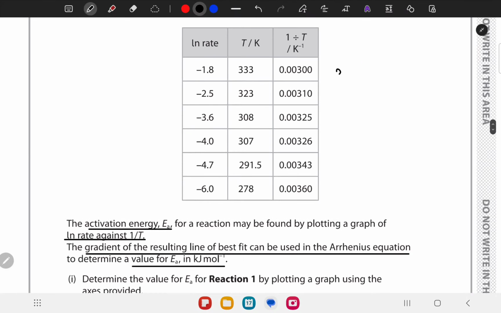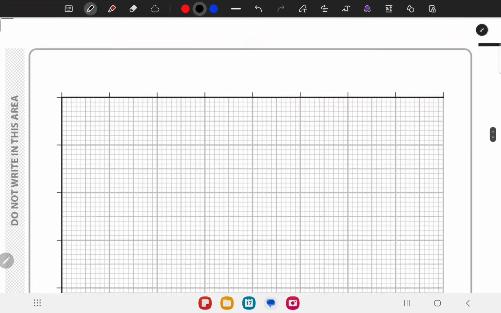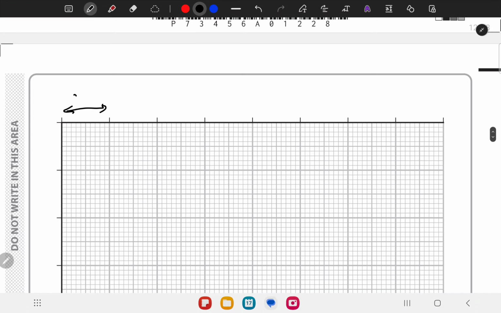So we can take each gap as 0.0001. If we start from 0.003, we'll get 0.0031, 0.0032, 0.0033, 0.00.